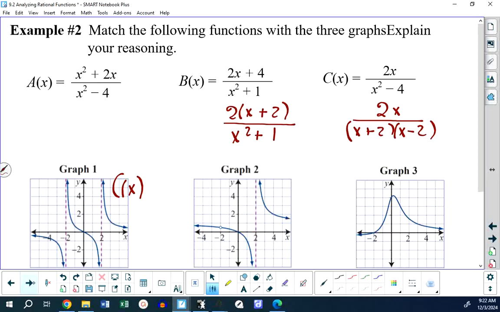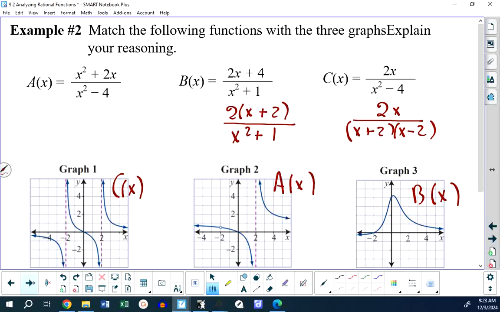And then if you wanted to solve that, you would say, well, what's the square root of -1? Plus or minus root -1 doesn't exist. You can't take the square root of a negative, which tells us that graph 3 must be b of x, which by a process of elimination leaves a of x here.